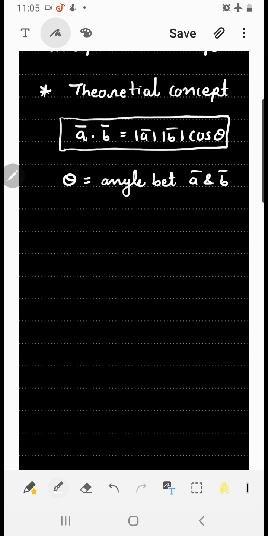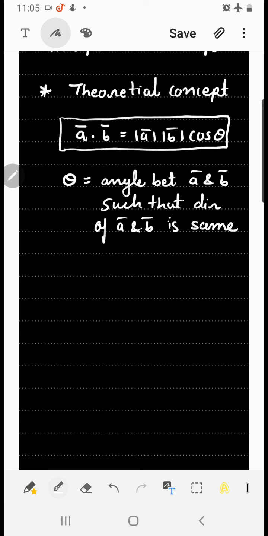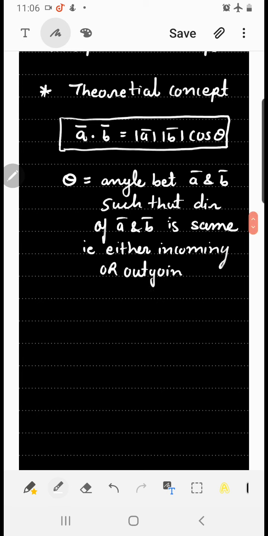I would completely say that it is the angle between A bar and B bar such that the direction of A bar and B bar is same, that is either incoming or outgoing with respect to common point.